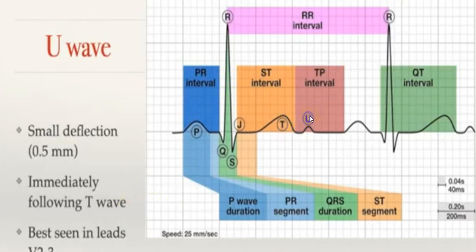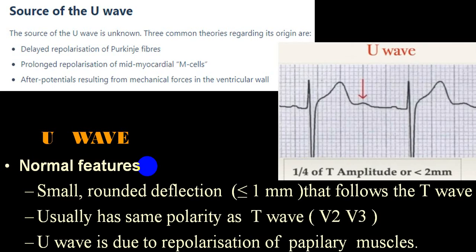If you want to look at the U wave, the best leads are V2 and V3. And if you get a small upright deflection after the T wave, it is by and large normal. But there are some situations where the U wave is taller, or more upright, or inverted. It signifies something. We'll be going through that.